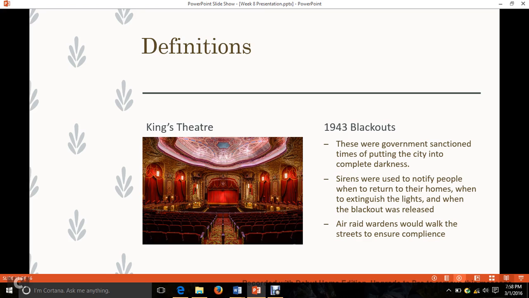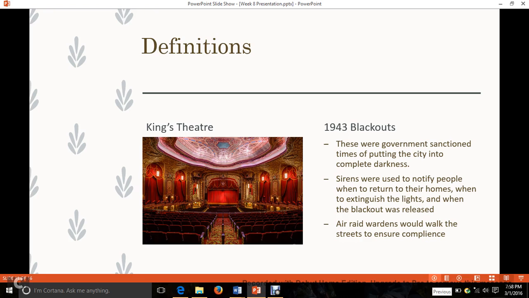And then we have another element which I found really interesting, which was the 1943 blackouts. It says that he worked as a warden during the 1943 blackouts. So this is World War II era, and these were government sanctioned times of putting the city into complete darkness.